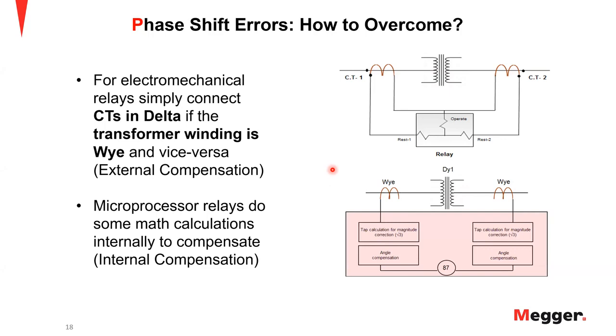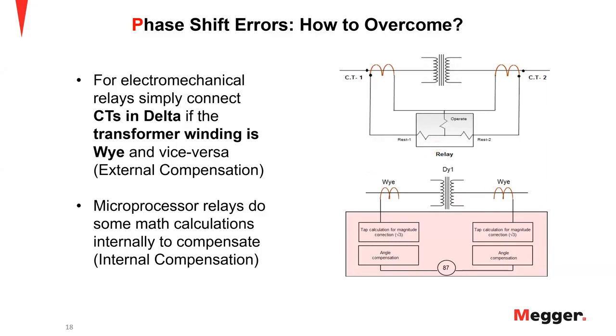This 30-degree effect will compensate for each other, and there will be no current in the operate coil because of the phase differences, right? They are compensated now. This is how we can take care of this challenge when dealing with electromechanical relays, and this is the only way you can work this out.